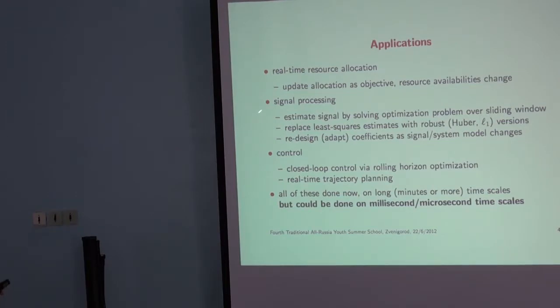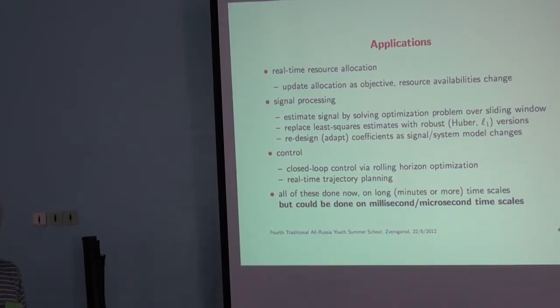In signal processing, here you might estimate a signal by solving an optimization problem over a sliding window, right? And then you can do things like this. Once you're committed to actually doing some serious numerical work, every sample or every 10 samples or whatever it is, you can do crazy stuff like this. You can replace standard least squares estimates with things like robust versions, and we're going to see examples of this. Right?